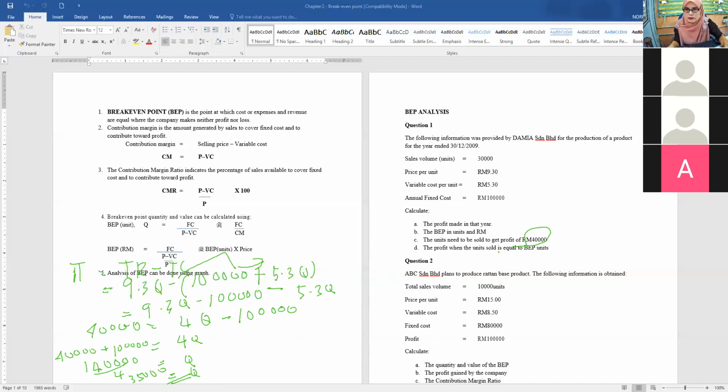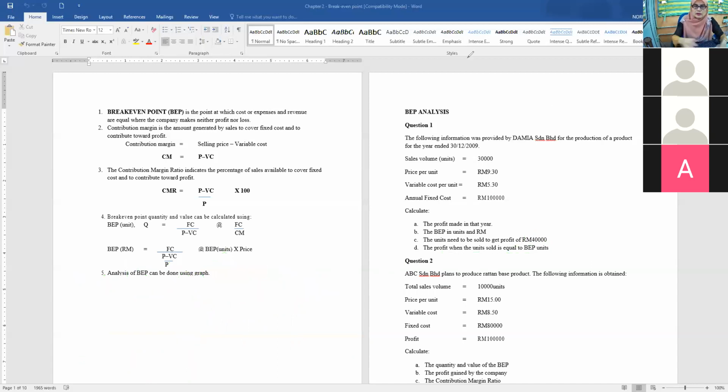Okay. Question 1D. The profit when the unit sold is equal to break-even point. So the formula for break-even point is total revenue equal to total cost. Total revenue, price times quantity. Total cost is fixed cost plus variable cost.